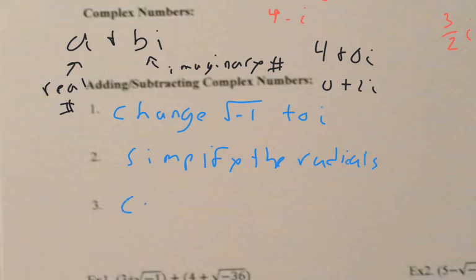And number 3 is to combine like terms. So if we are subtracting, don't forget to distribute the -1 out in front of the parentheses.